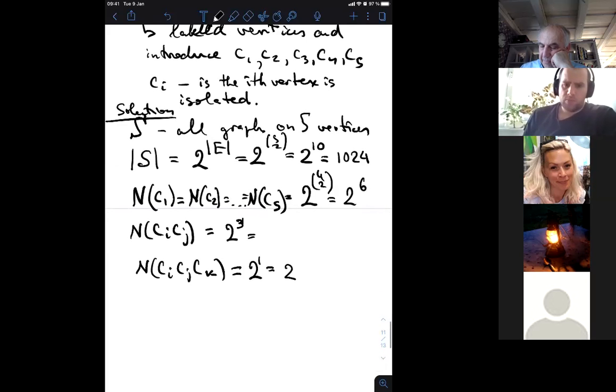And finally, if we want 4 vertices to be isolated, there is just one way to do that.